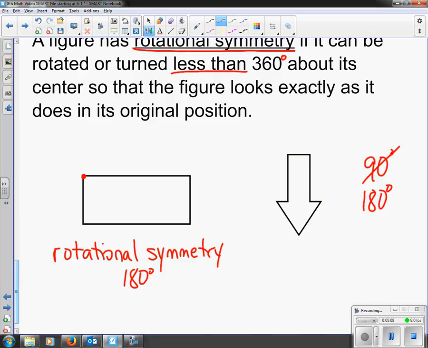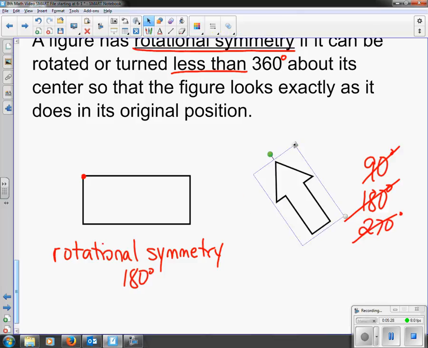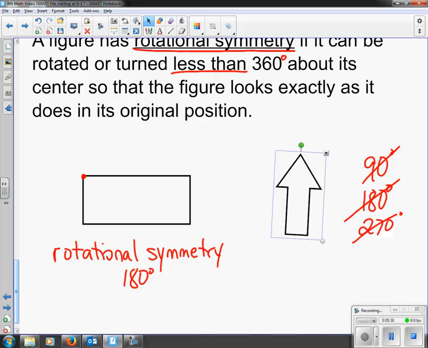Now the arrow is pointing down, so it's not 180. Then we rotated another 90 degrees, so that's 270, and no, not 270. We rotated all the way back to 360, and yes, now it matches, but the rule is that for it to be rotationally symmetric, it has to be less than 360 degrees.